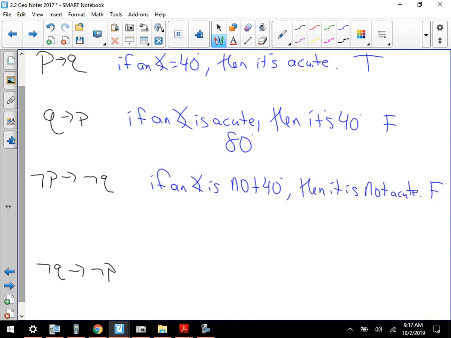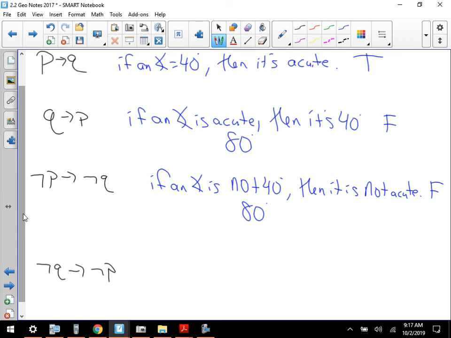What's your counterexample? 20 degrees. I could use 60. Anything that's not 40 is still acute. I could reuse the same one if I want, as long as it's less than 90. I can use 89.99999999999999999. Yes, ma'am. If the first one is true, it should be.